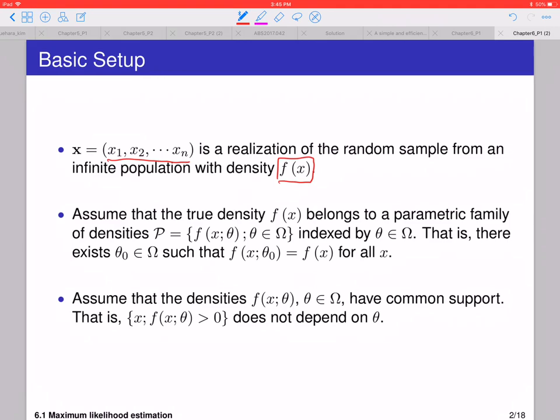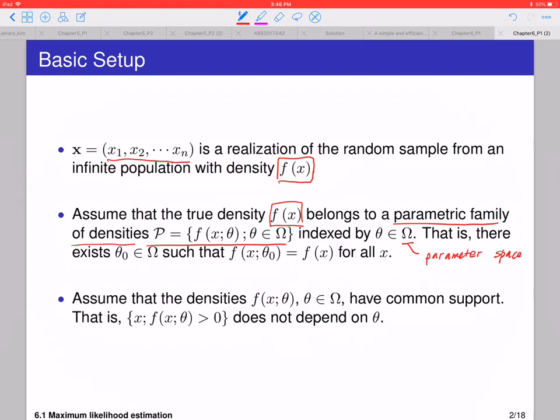But we don't know the density, but we can maybe assume that this unknown density belongs to a parametric family of densities indexed by zeta in omega. So this is a parameter space.